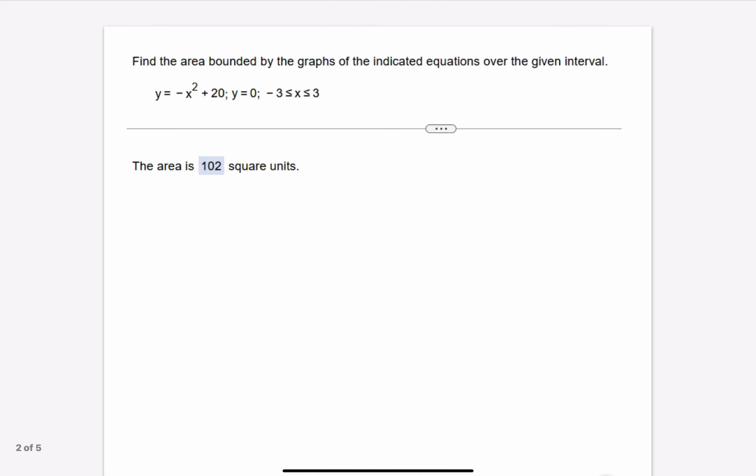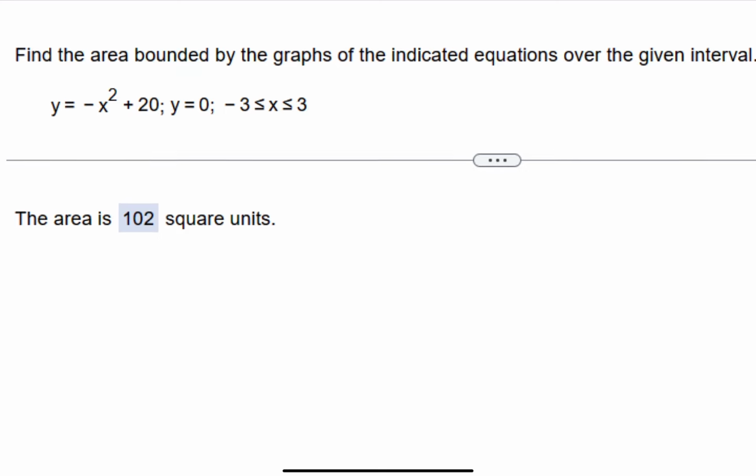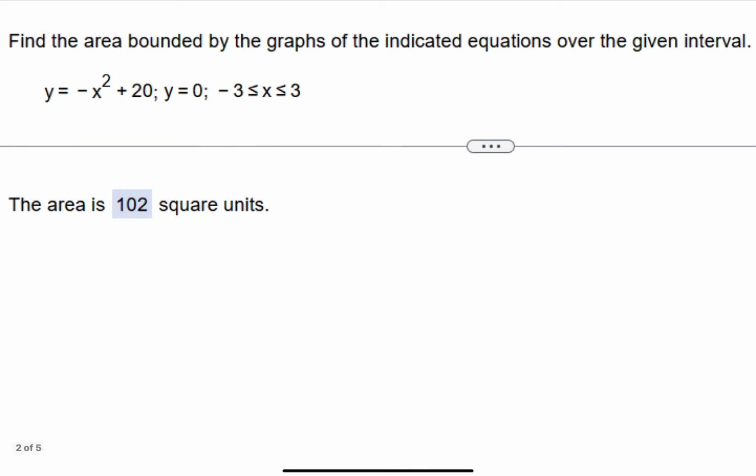Now, let's go ahead and take a look here. It says, find the area bounded by the graphs of the indicated equations over the given intervals. So you already gave me the interval from -3 to +3. And here I have curve 1 and curve 2. But it's always nice to visualize. You will be having your graphing calculators, so I would like you all to go ahead and graph this.